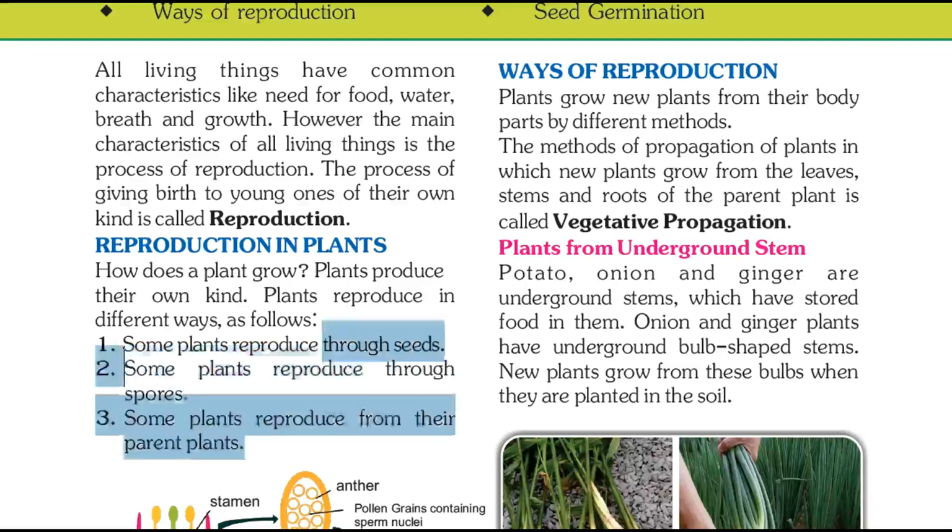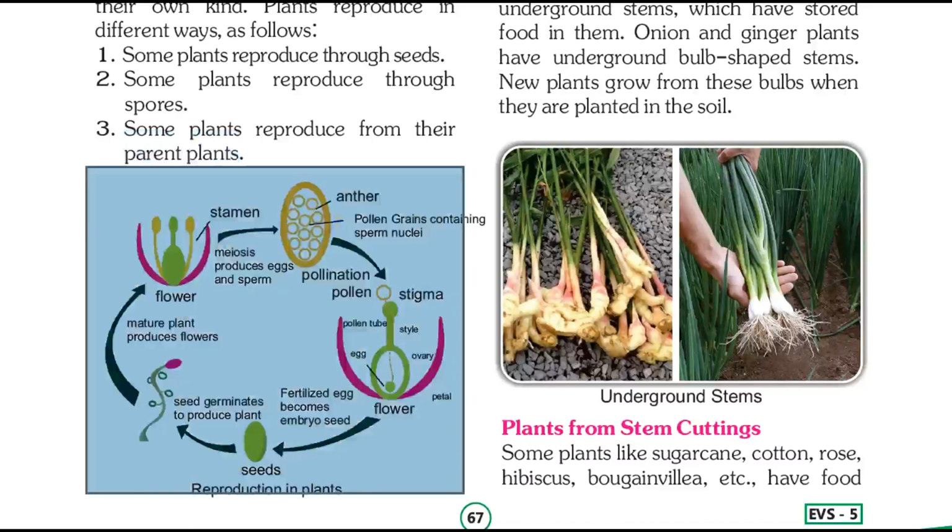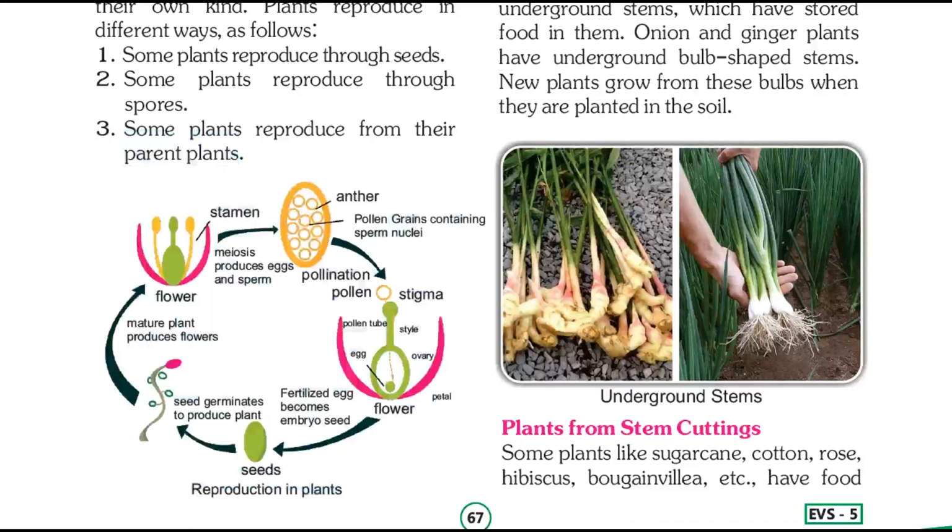Some plants reproduce through spores. Number 3. Some plants reproduce from their parent plants. This is a seed. Seed germinates to produce plants. Mature plants produce flowers.